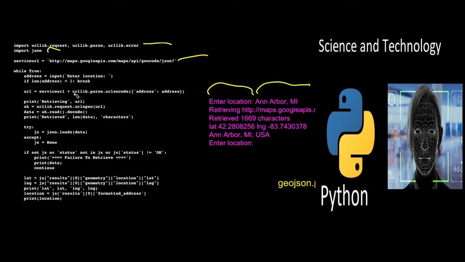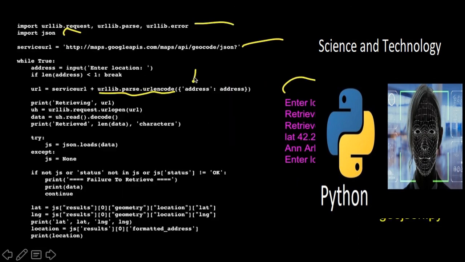There is a bit of code, a library called parse urlencode, that takes the key and the value, so the address equals, and then whatever text we read in from the user goes in here, and it does that URL encoding with the pluses and the %2c and all that stuff taken care of, and that is our URL that we're going to pass to urlopen.